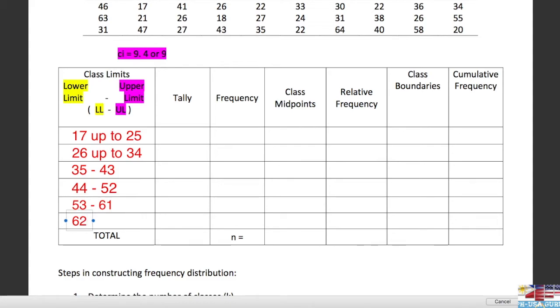So 61 plus 9 is equal to 70. And now we completed the class limits. So we started from 17 up to 25, where the lowest score 17 falls, and we stop at 62 to 70 because 64, which is the highest score, falls there.